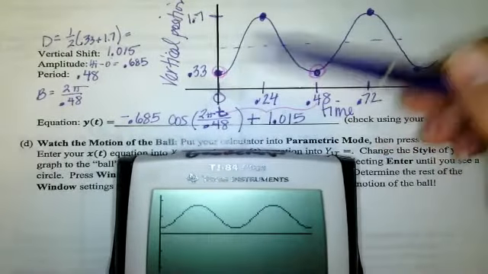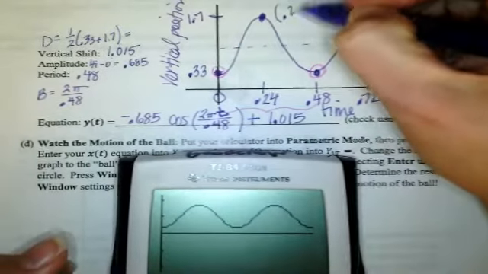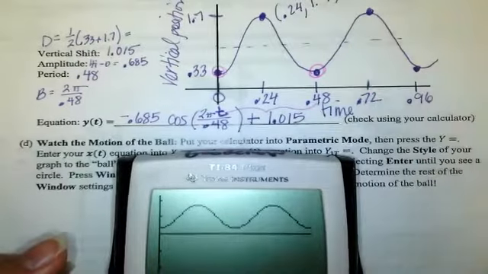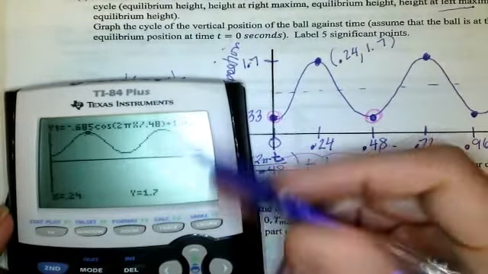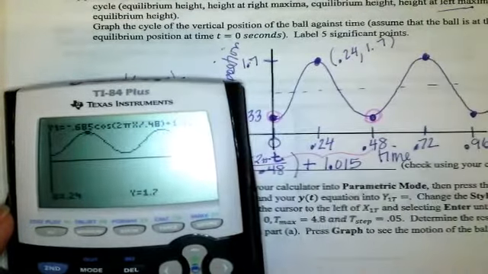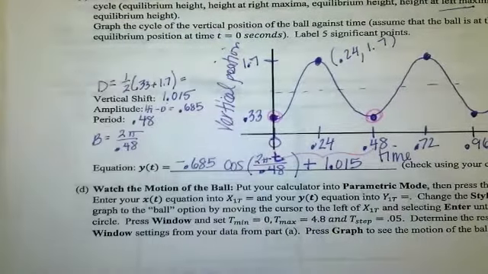This point right here is 0.24 and 1.7, so I'm going to use trace and type in 0.24, and I do get 1.7 right at the tippity top, so that looks like a great equation.